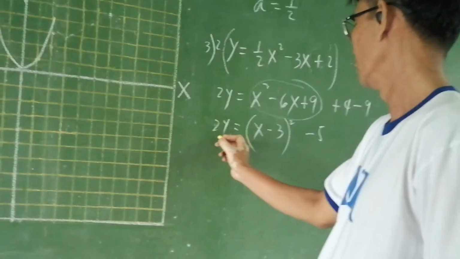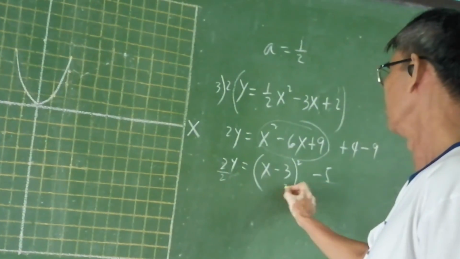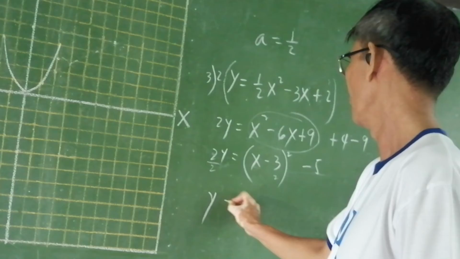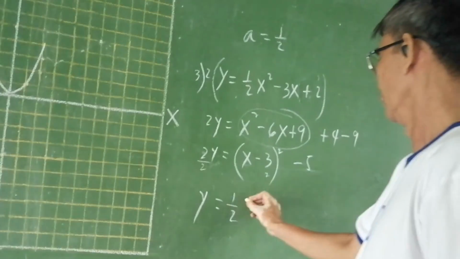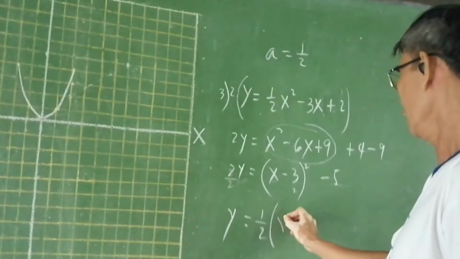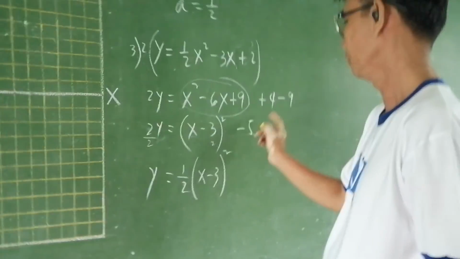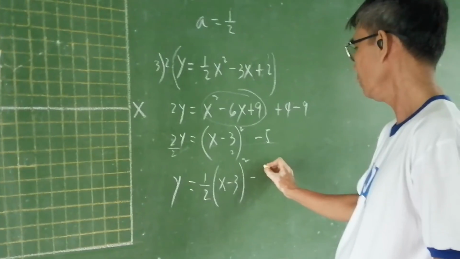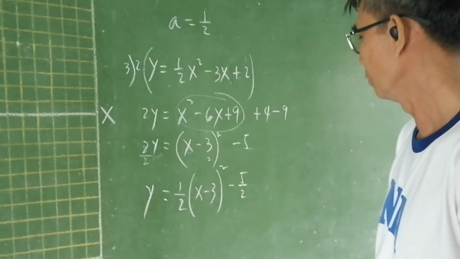So to get rid of the 2 there, you divide this by 2, so that y equals, take note, 1/2 times (x minus 3) squared, then negative 5 over 2.